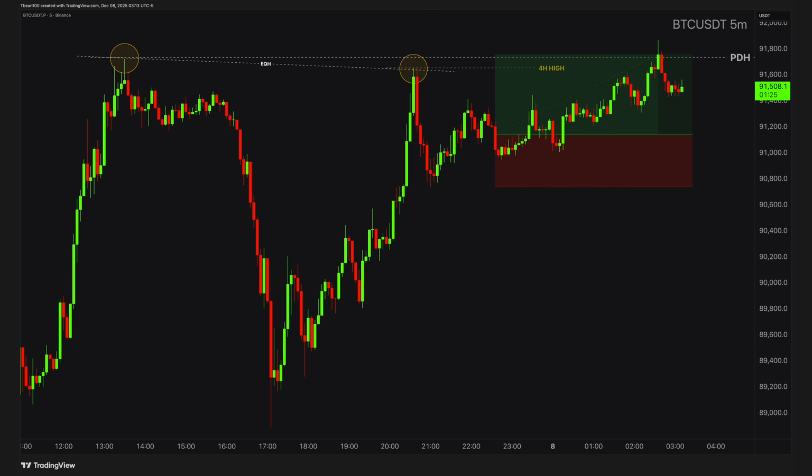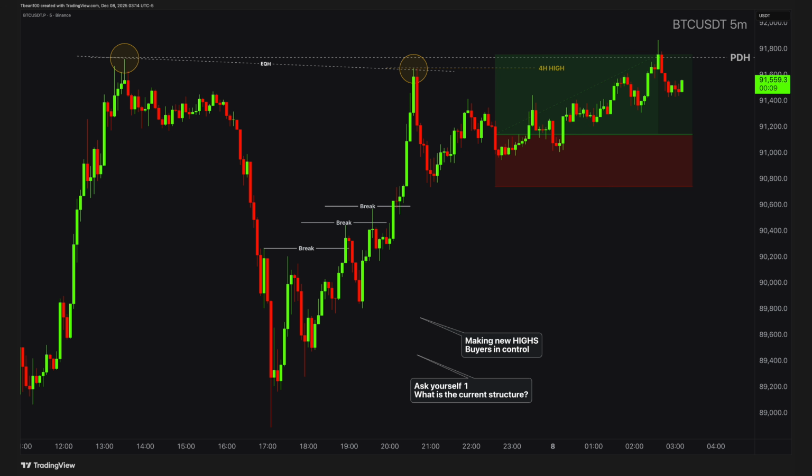Now let's zoom in on the price action and really think about what actually happened here. One of the biggest questions is, what does the current structure look like before the trade? If you look closely at the price action, it keeps forming new higher highs and it moves upward.